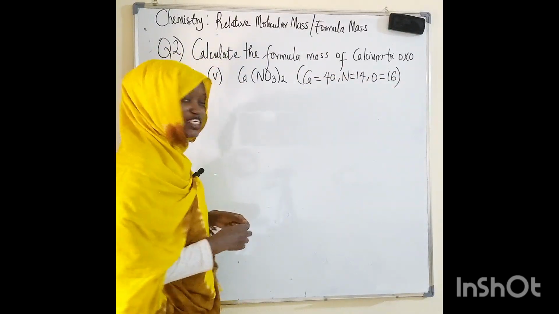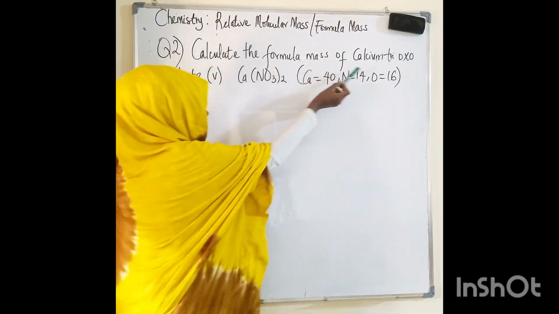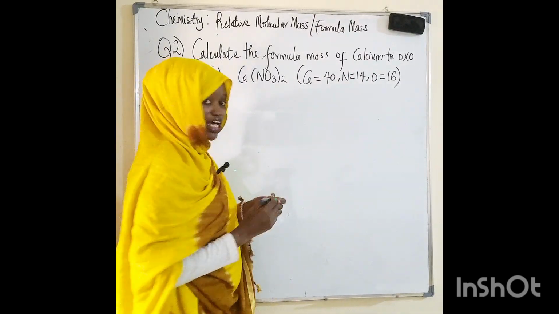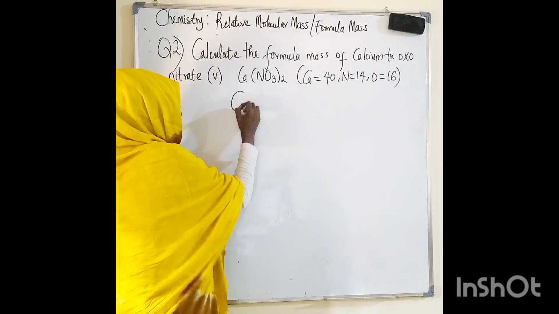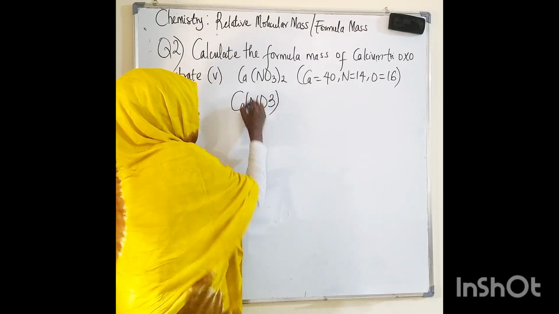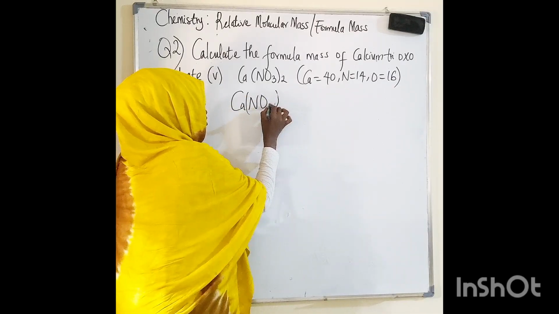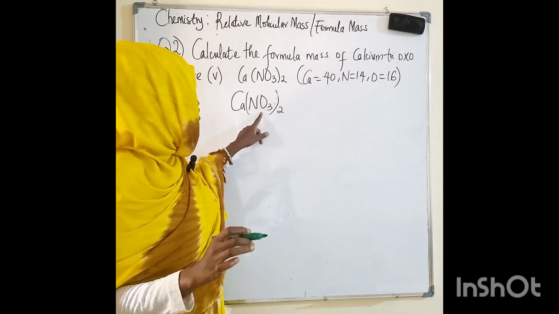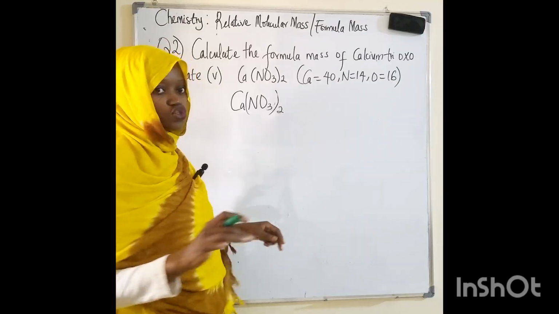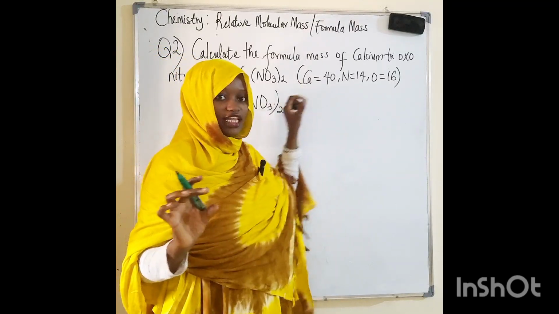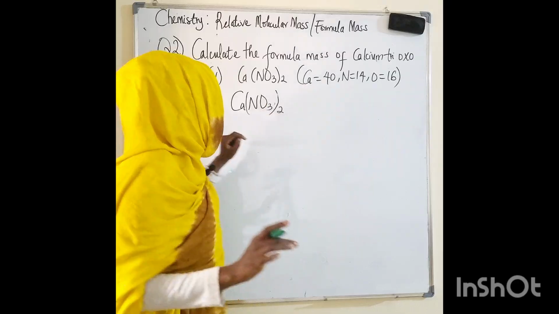The next question says, calculate the formula mass of calcium trioxonitrate 5. The formula has been provided, which is Ca(NO₃)₂. So this is calcium trioxonitrate 5. We have been provided with the atomic mass of each individual element in this compound.